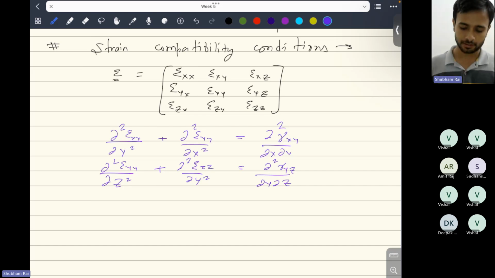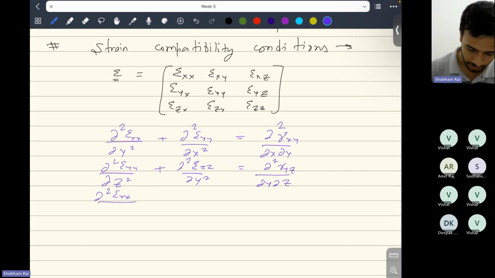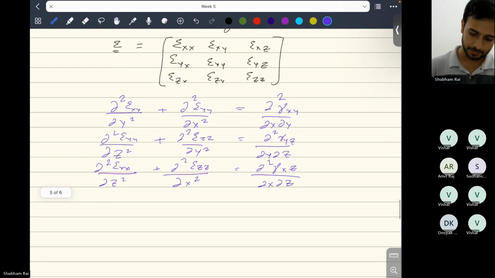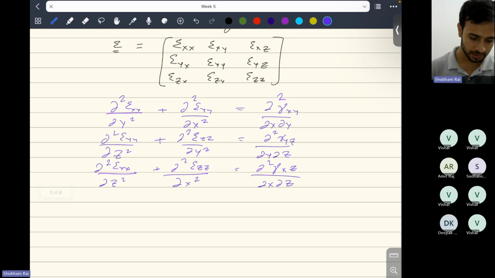So this is the second compatibility condition. Similarly, the third one is del square epsilon xx over del z square plus del square epsilon zz over del x square, and that should be equal to del square gamma xz over del x del z.